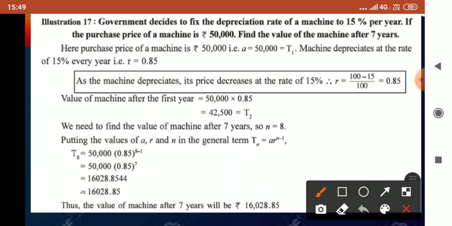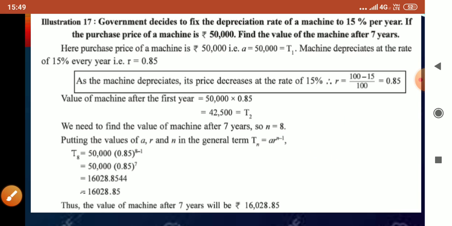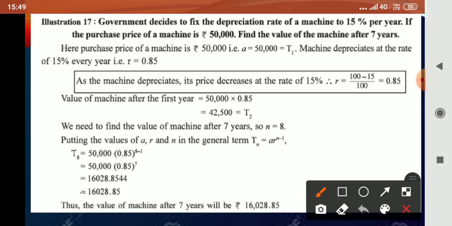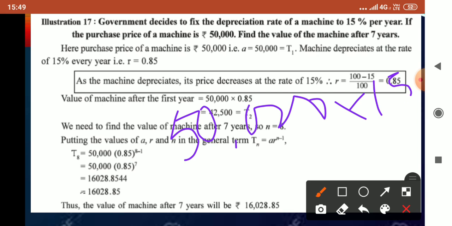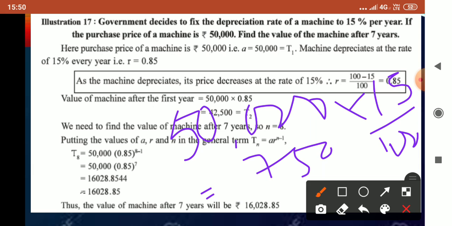So my A will be 50,000. Then every year in 50,000 we get a reduction of 15%. You can also do it like this: 50,000 into 15% gives 7500, and then out of 50,000 you subtract 7500, then also it's correct.